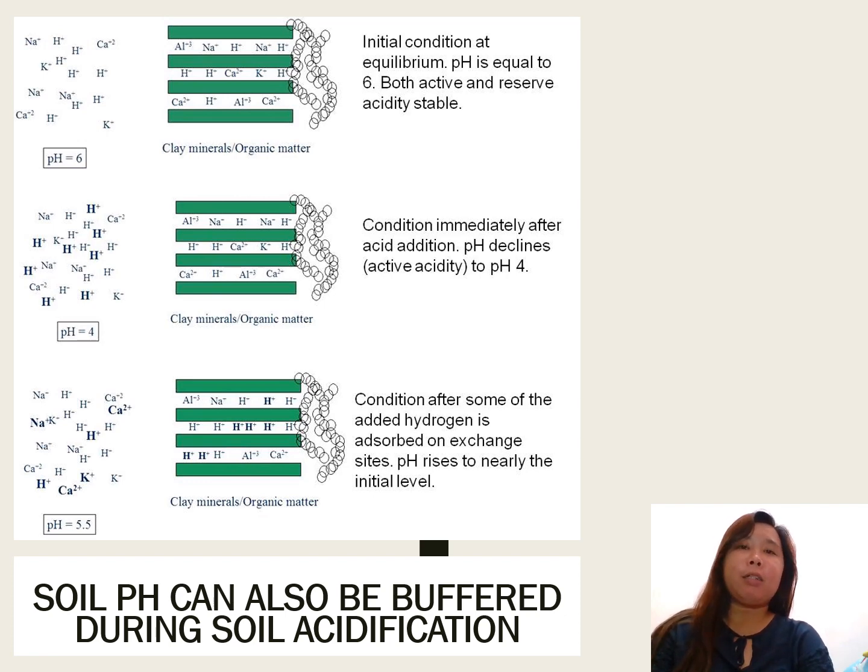This is the condition after some of the added hydrogen is adsorbed on exchange sites. The pH rises to nearly the initial level. That can happen when the hydrogen ions coming from the acid you added become adsorbed to the exchange sites.